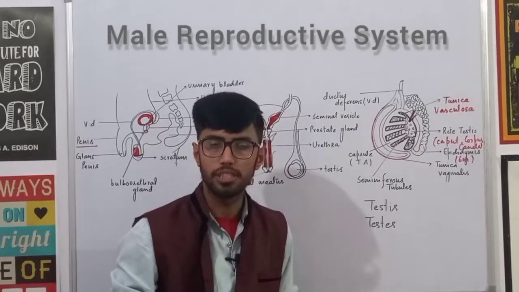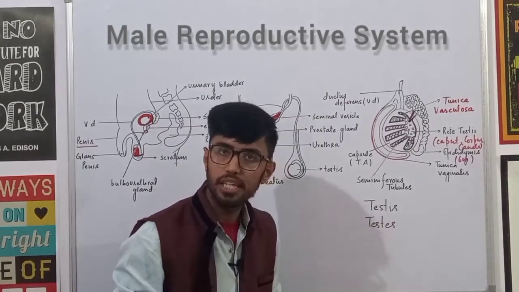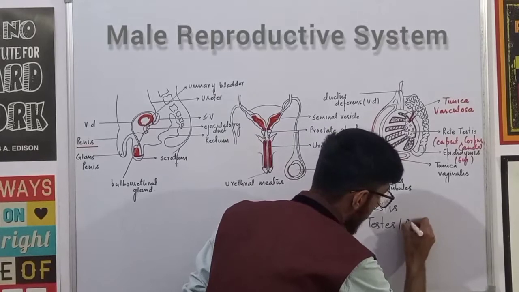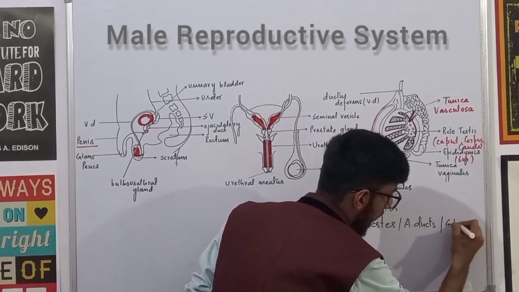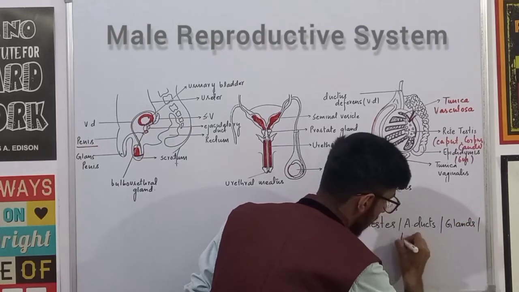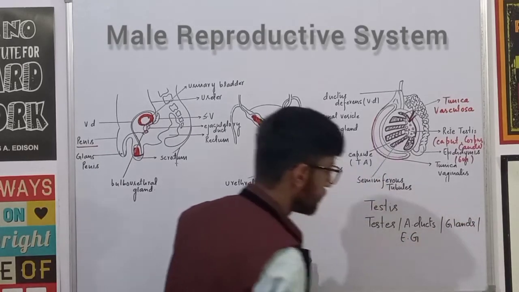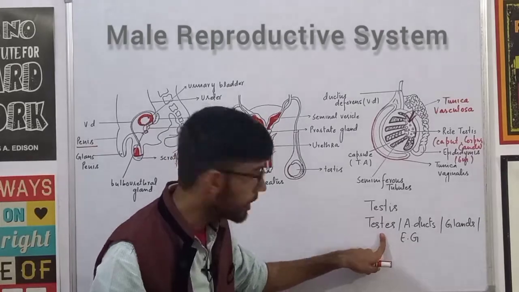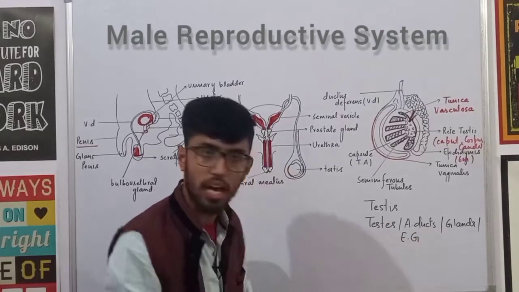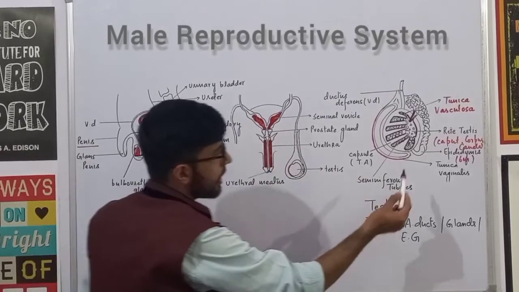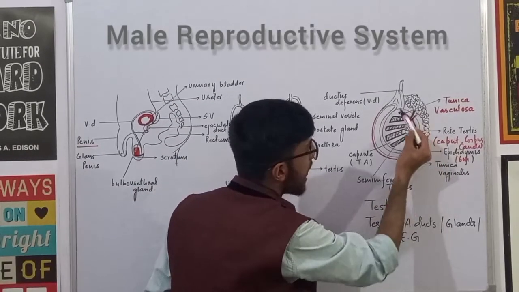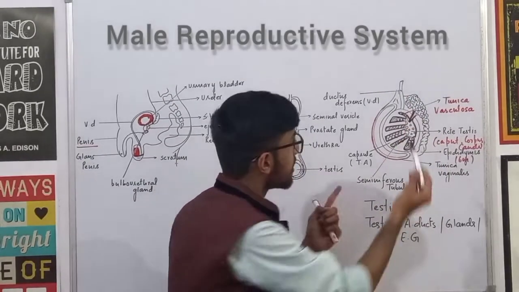The male reproductive system has testis, accessory ducts, glands, and external genitalia. We have the primary organ. Next, we have the accessory ducts. Accessory ducts include the epididymis, vas deferens, and rete testis.